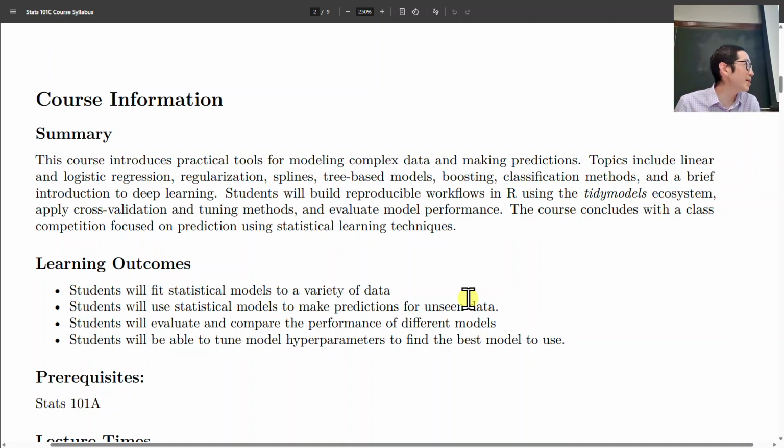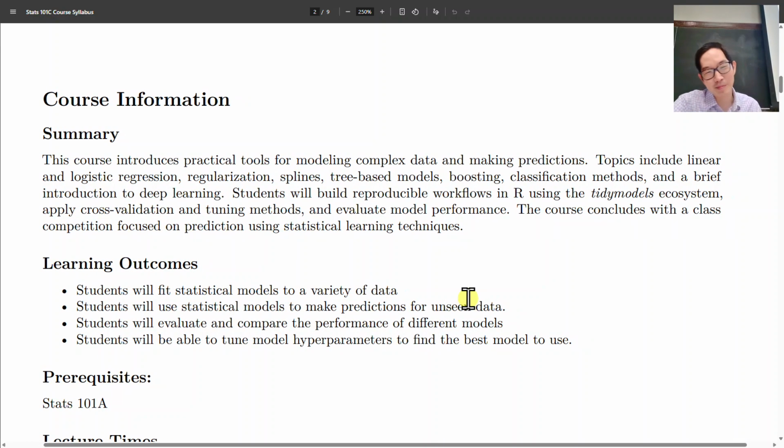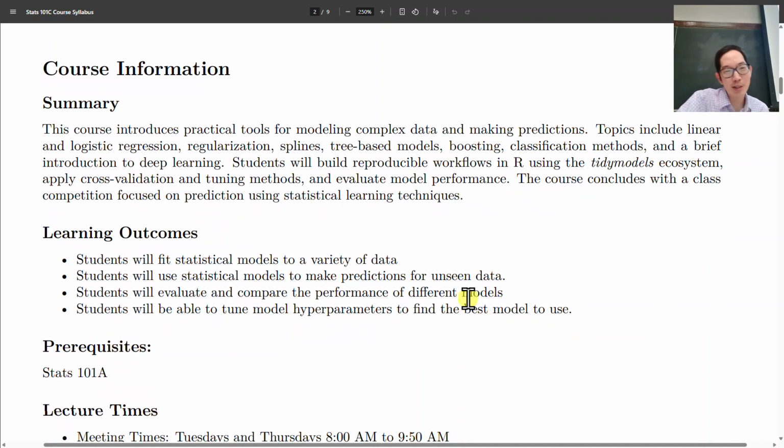In my opinion, it's not as elegant in Python and scikit-learn, but I also think the skills translate over very easily. If you get tidy models down pretty well, you can pick up scikit-learn fairly easily. But anyway, that's what we're looking at.